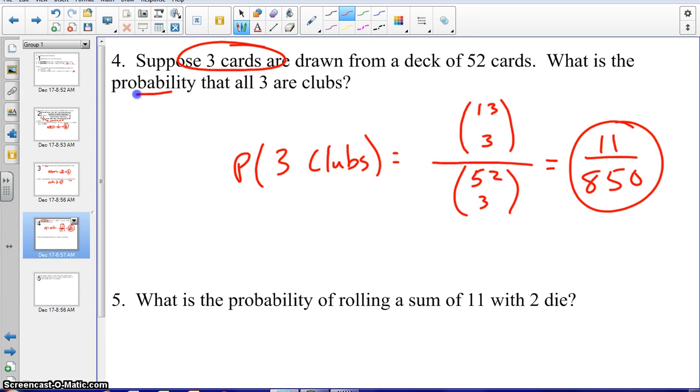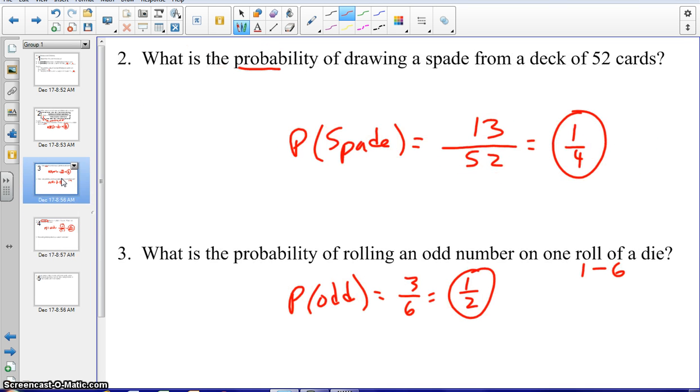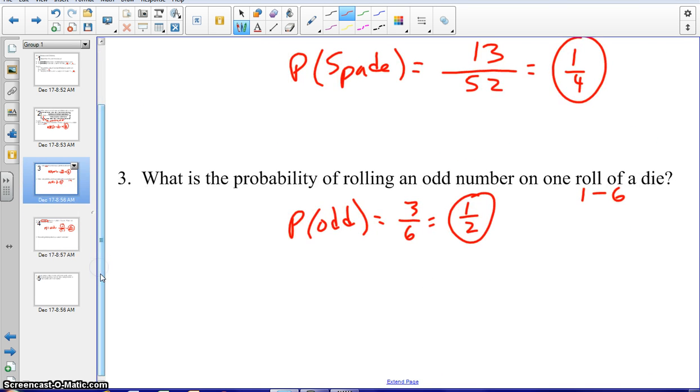But let's go ahead and step back to problem 3. This problem here can also be done in the same manner as what we did in the previous one. So the probability of an odd number on one roll of a die. We have 6 numbers on a die. We are rolling 1 number.